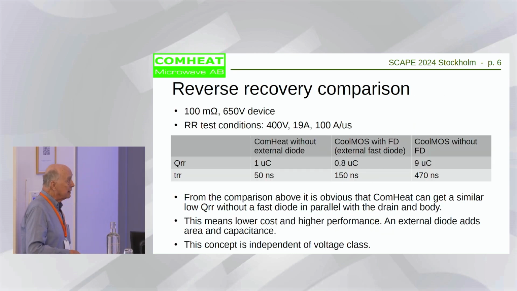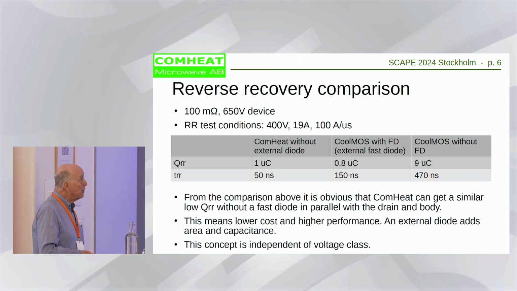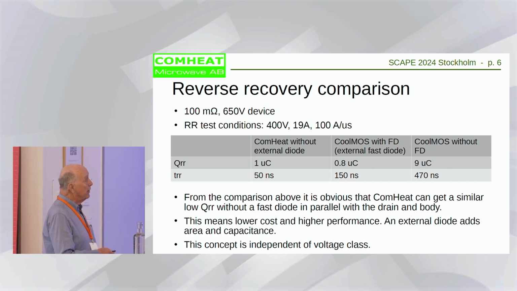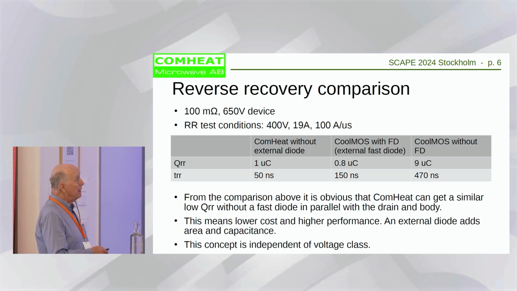What's more is QRR. Here we are compared with CoolMOS without an external diode, and with a CoolMOS with an external fast diode. What you can see here is that we are getting around 50 nanoseconds TRR, which means that it's very fast.